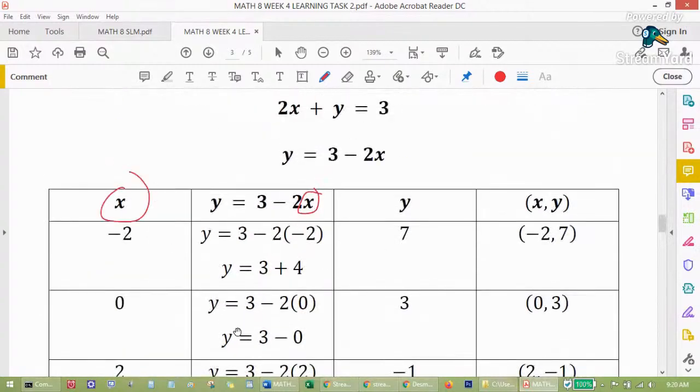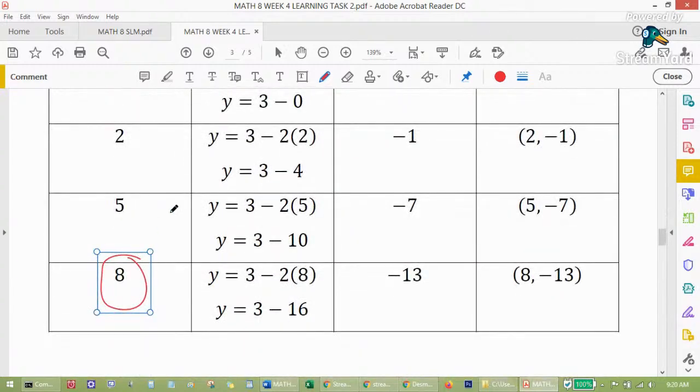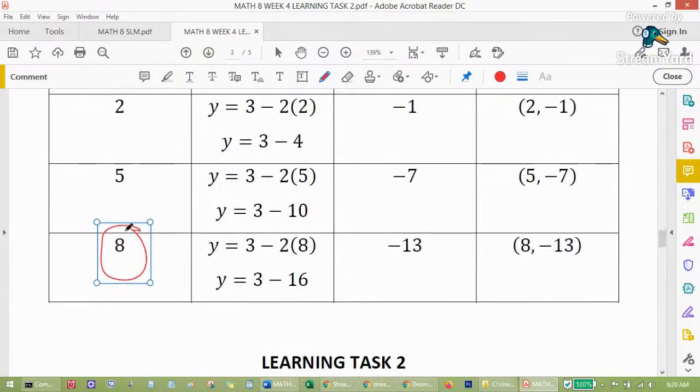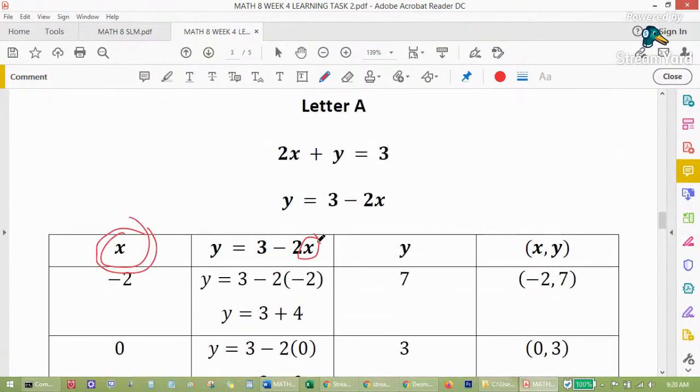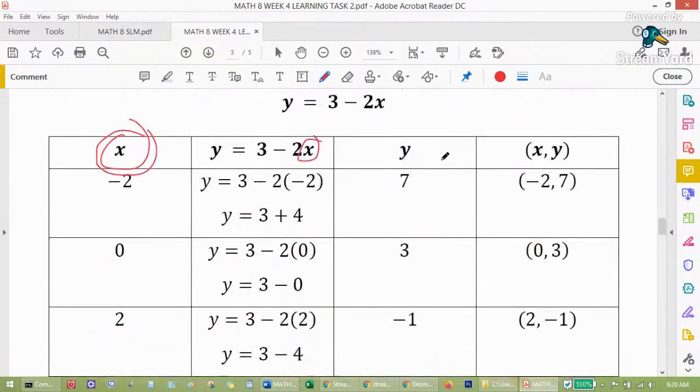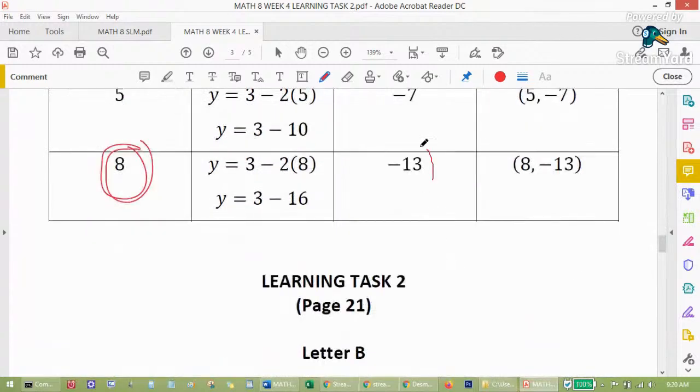Itong x na 8, substitute mo sa x. And then, pag kinompute mo yan, ang lalabas, yung y is equal to negative 13. So, yung panglimang point is x is 8 and y is negative 13.